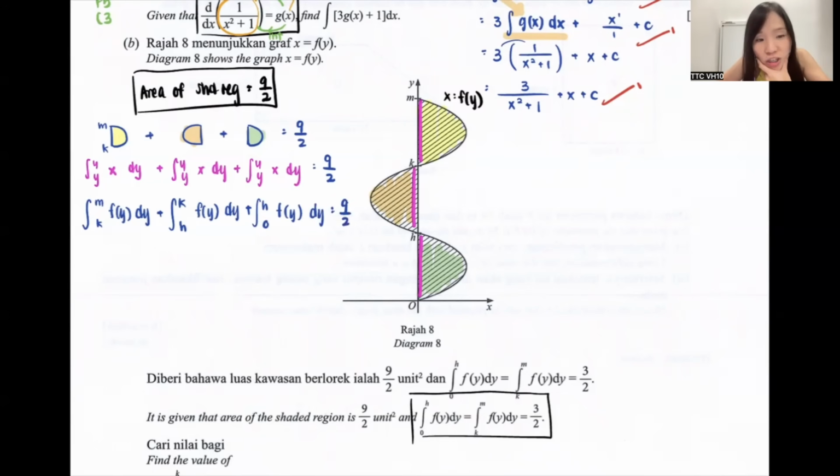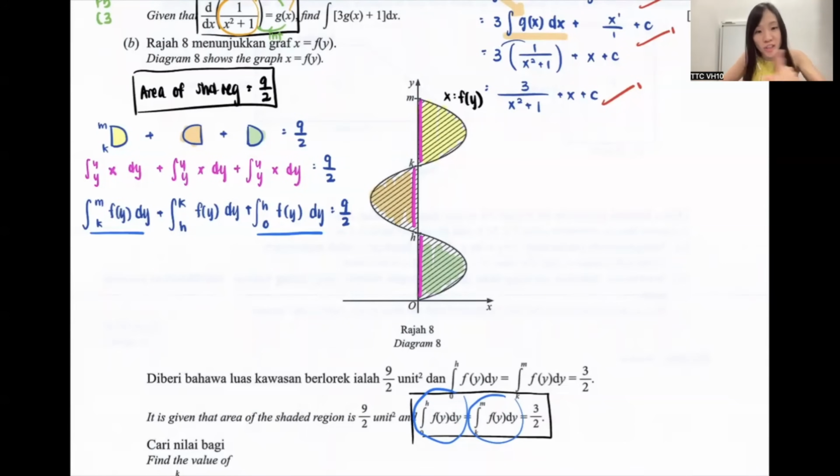Okay, until here, how do I continue? Do you realize something? Look at this one, what color? Light blue. Can you see this? Integral from h to 0 of f(y) dy. And next, integral from m to k of f(y) dy.